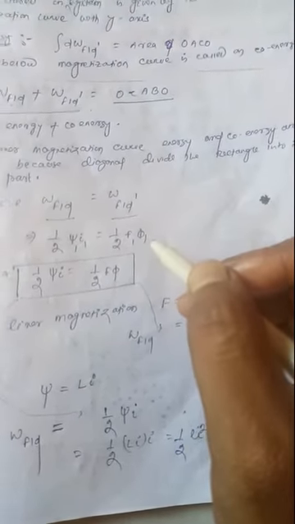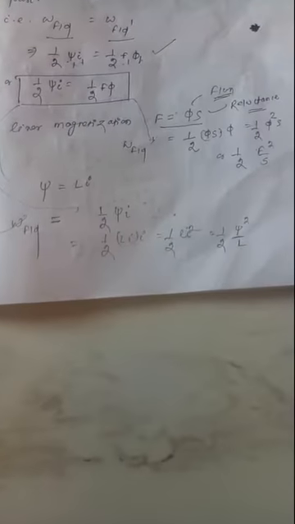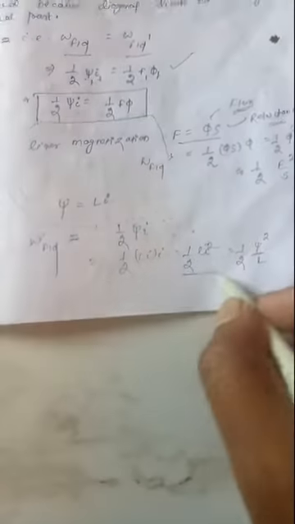So for linear magnetization, the relation F is equal to phi into S is satisfied, where phi is your flux and S is your reluctance. So MMF is equal to the product of flux into reluctance. You can substitute the values and calculate WFLD, that is equal to half Li square.